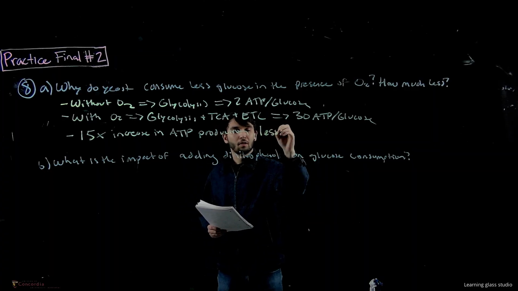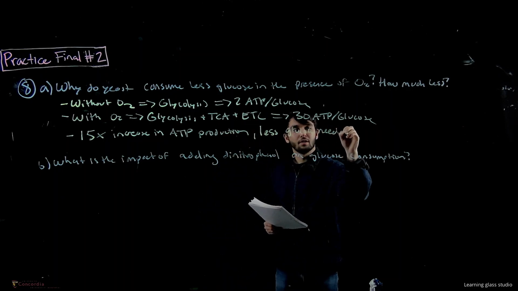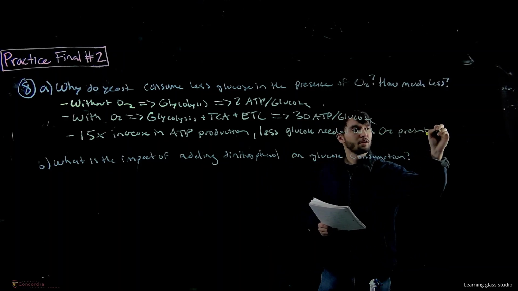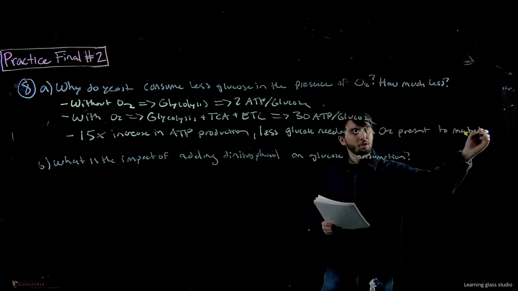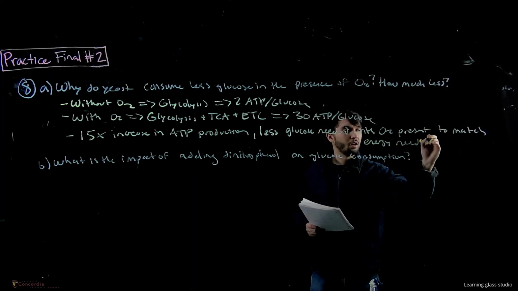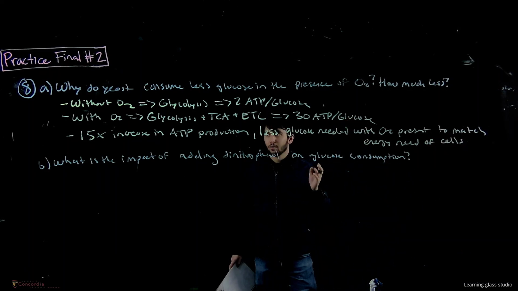So less glucose is needed with O2 present to match the energy need of cells. Essentially, with oxygen, you're producing a lot more ATP per glucose.